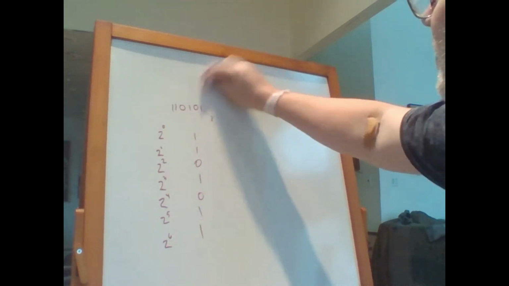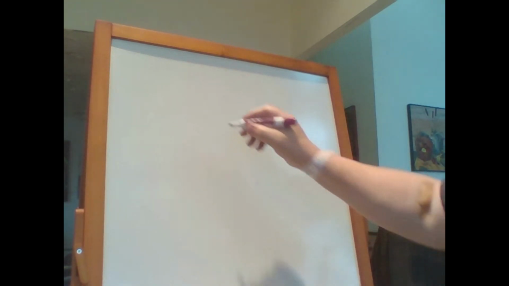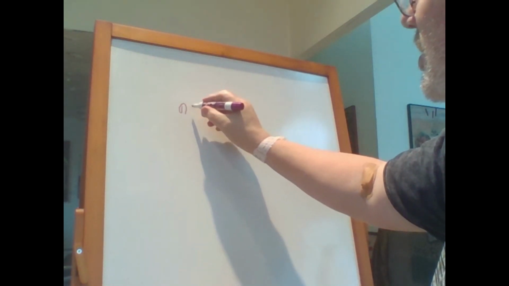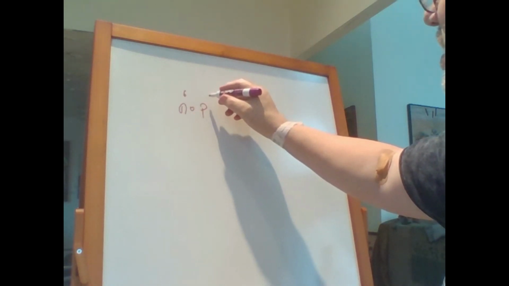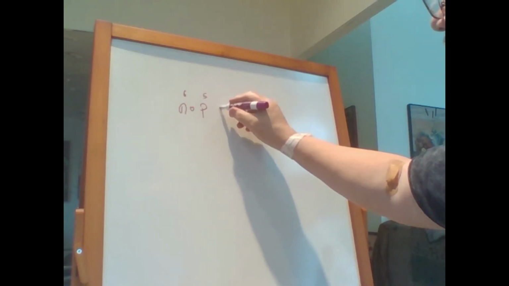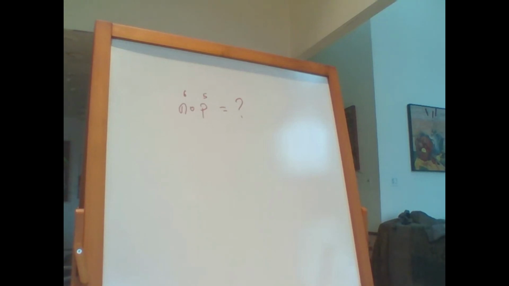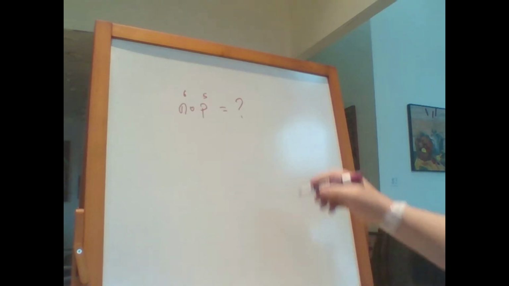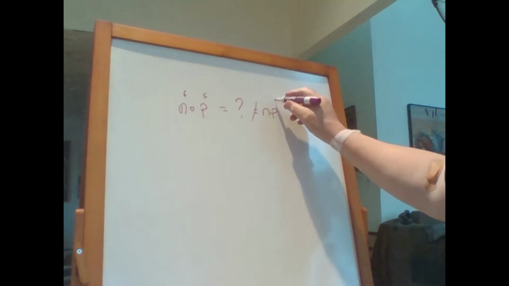So we learned a couple of things today. We learned the law of exponents. So let's take a look at n times p to the 6th, and this is to the 5th, is equal to, well, it's certainly not n p to the 11th.